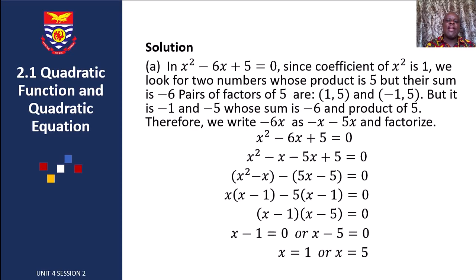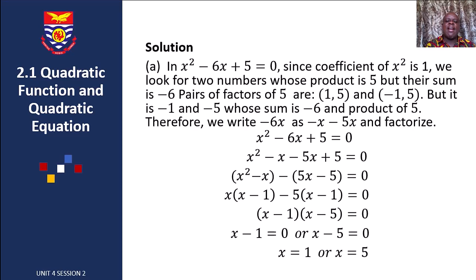Whatever the coefficient is, you use it to multiply the constant term. In this case, the constant term is 5. So we do 1 times 5, and we get 5. We then look for two numbers that multiply to give 5, but when we add, give the middle term, negative 6.